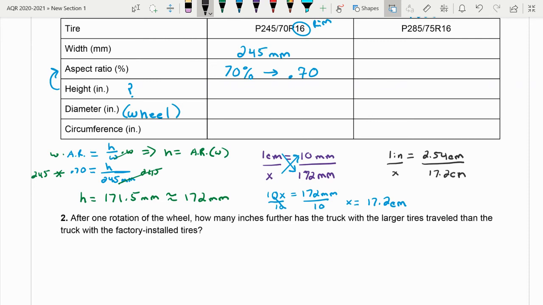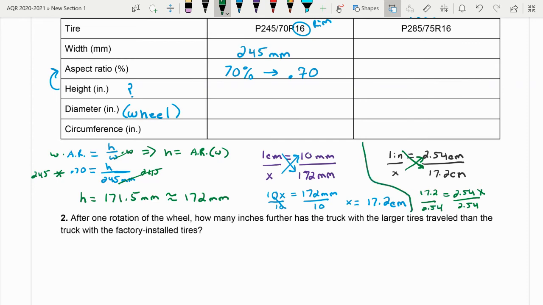Do a little bit of cross multiplication, right? And then I'm going to get 17.2 times 1. The 17.2 equals 2.54x. Then divide by 2.54.